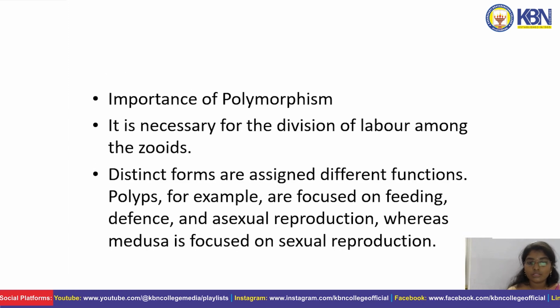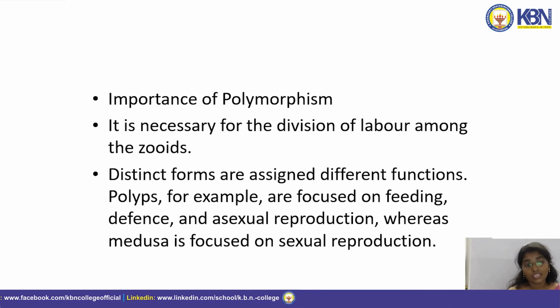Next, the importance of polymorphism. It is necessary for the division of labor among the zooids. Distinct forms are assigned different functions. Polyps, for example, are focused on feeding, defense and asexual reproduction, whereas medusa is focused on sexual reproduction.